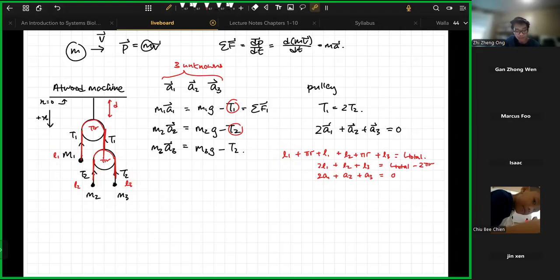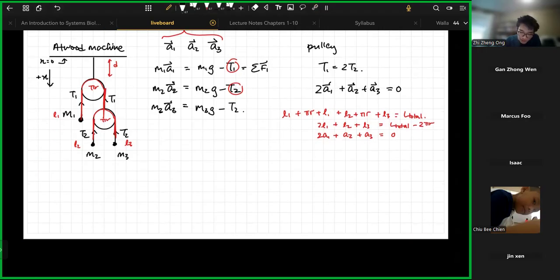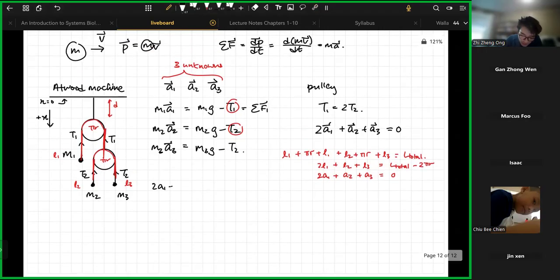So okay, now let's start solving it. I will start with this equation. A1 plus 2A1 plus A2 plus A3 is 0.